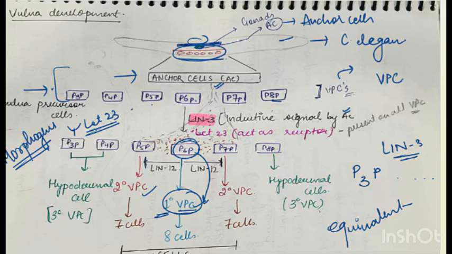So primary precursor cell will be formed with the help of P6P. Now, because the primary vulval precursor cell has already been created, it, that is P6P, will start a process called lateral inhibition.